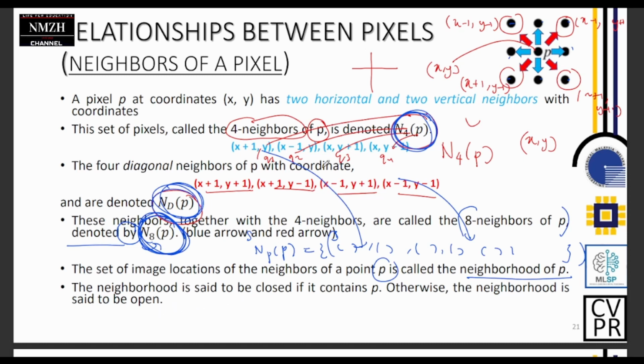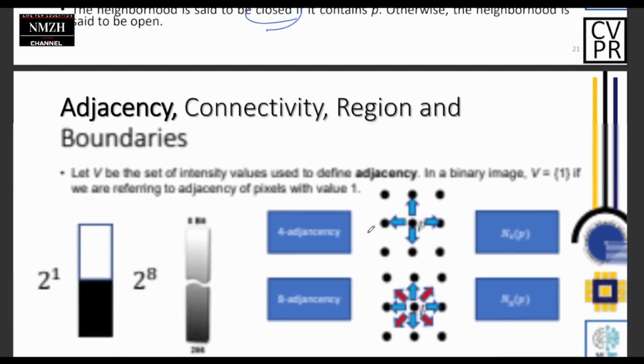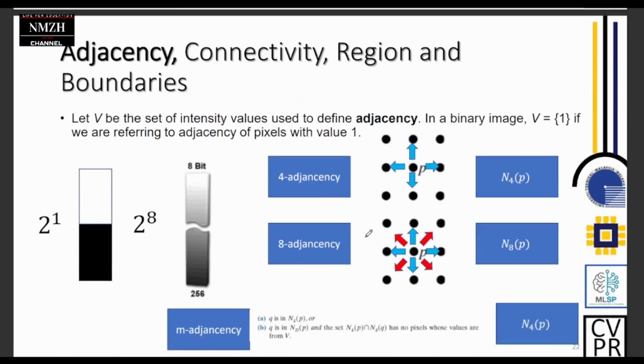The neighborhood is said to be closed if it contains P, and open when it excludes P itself. So that is the relationship between the pixel and the neighborhood. The next thing we would like to discuss is adjacency.